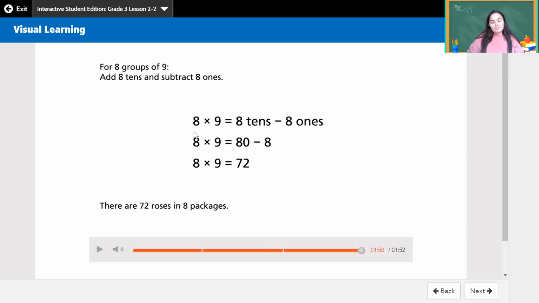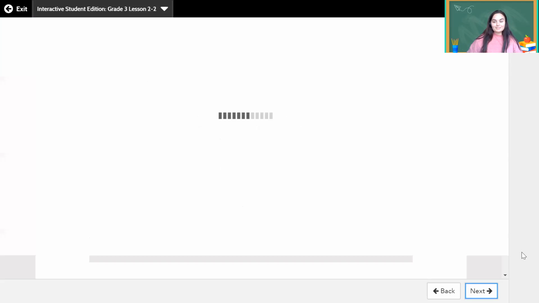So again, they multiplied 8 by 10 here, which gives us 80, and then took out 8 ones because those are 8 extra ones that we didn't need to multiply by, giving us a total of 72. Okay, so those are 3 different ways that you can arrange things in order to solve a 9-factor problem. Let's go ahead and go on to our practice.